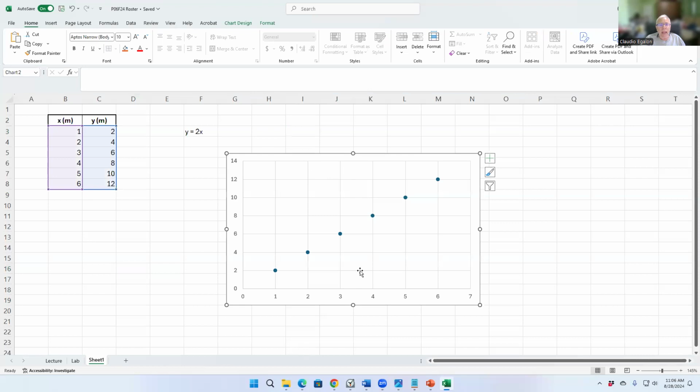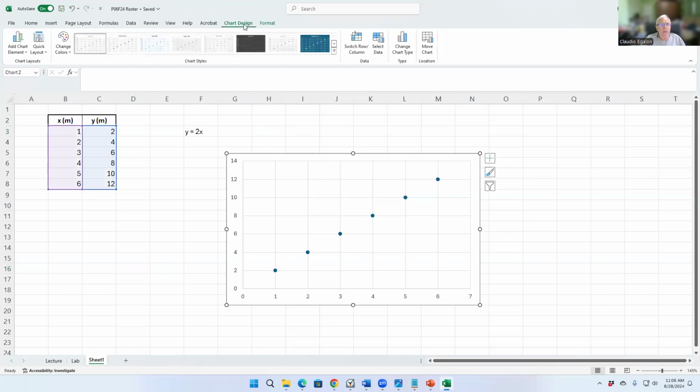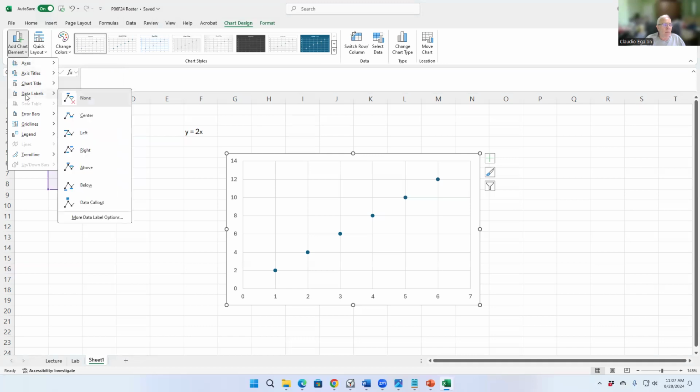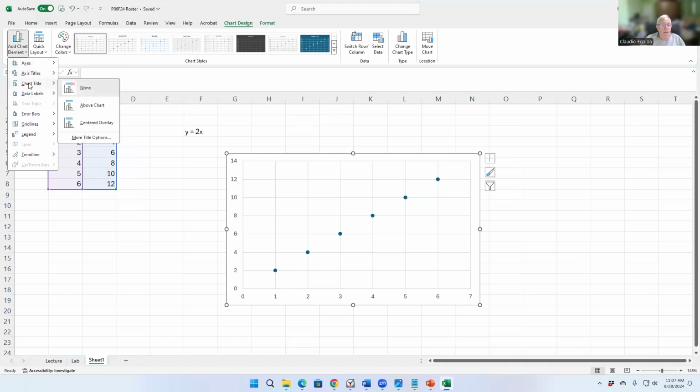The labels of the axis are right here in chart design. Select chart design. To the extreme left, you're going to see add chart element. And then you have all sorts of options. Axis title, chart title, and so on. The chart title is the one that I just deleted.